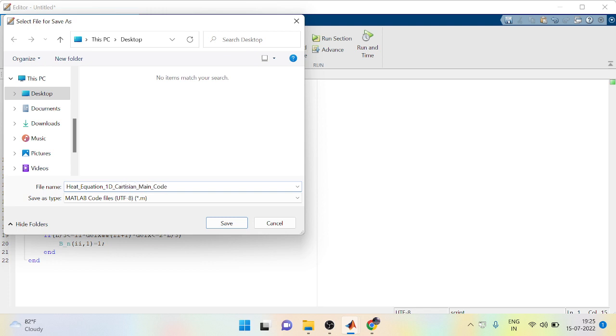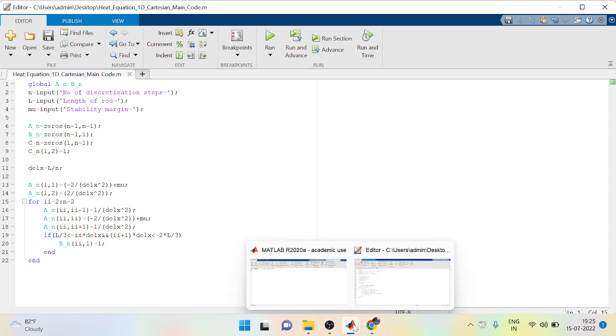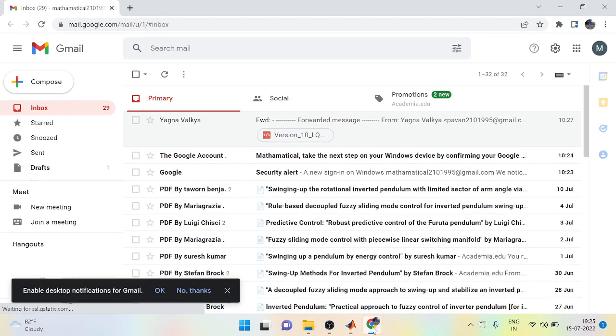Cartesian. Main code. Okay, you have ABCD matrices, and now you need an ODE system in this.